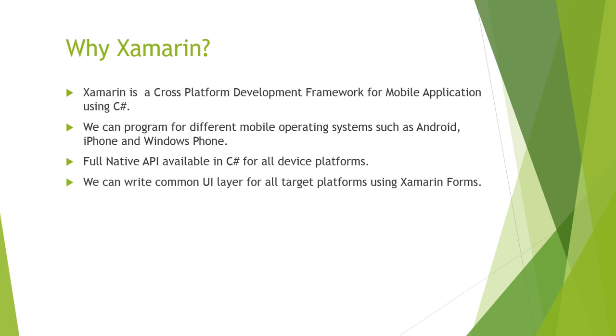We can use Xamarin Forms if suitable to target all platforms with minor tweaks to address platform specific UI needs. But this may not be suitable for all types of applications, so you need to choose based on what your application needs are.